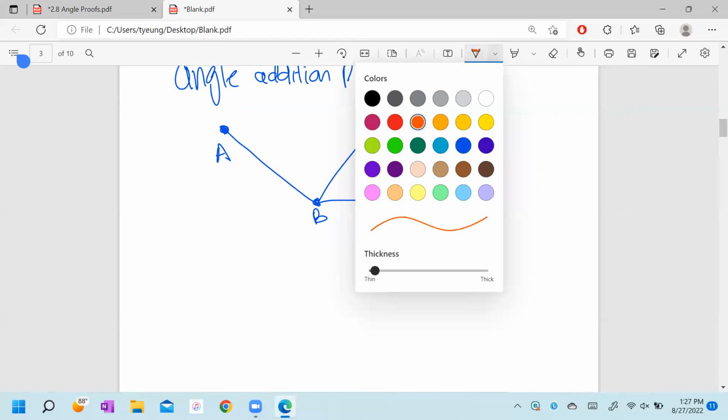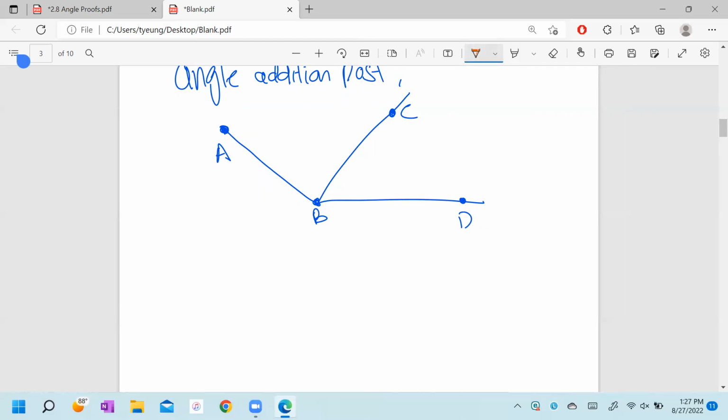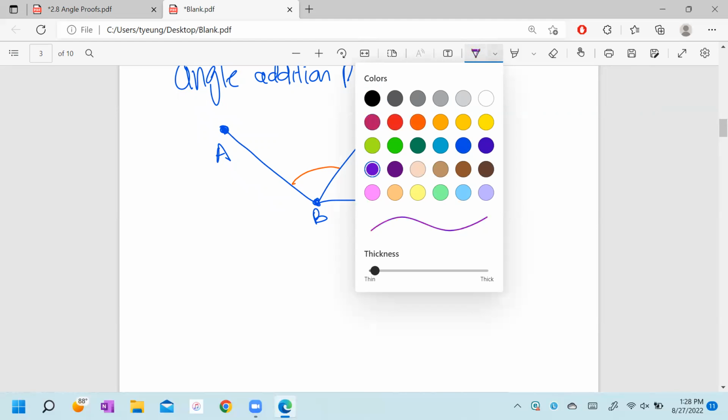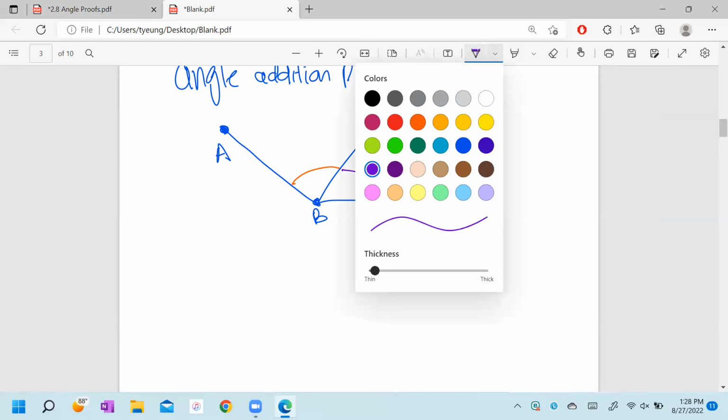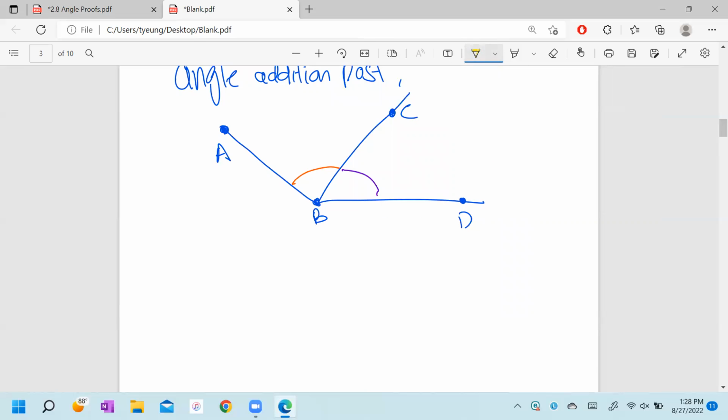This says that angle ABD plus angle DBC is going to be equal to our whole angle, which is ABC.